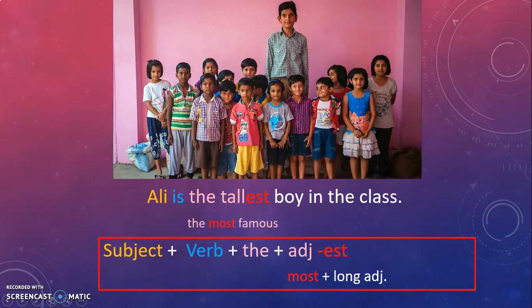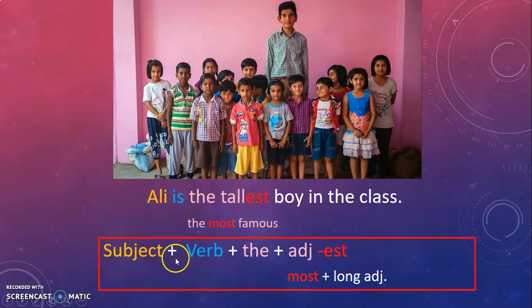Example here, Ali here is the tallest boy in the class. Or if you have a long adjective like famous, you can say Ali is the most famous boy in the class.